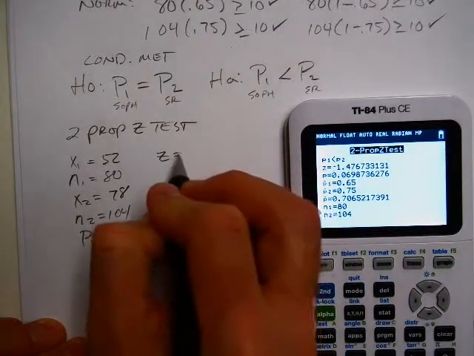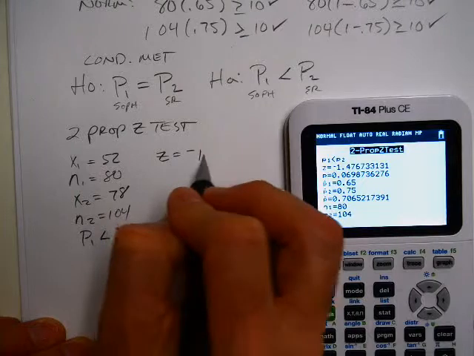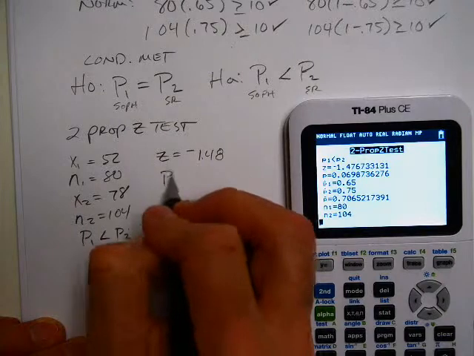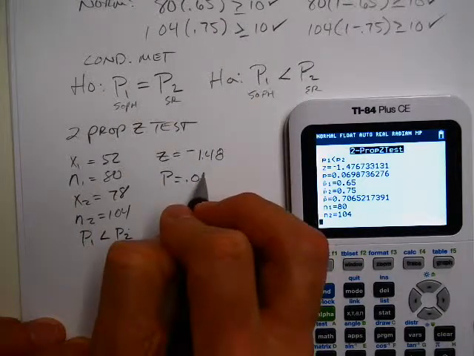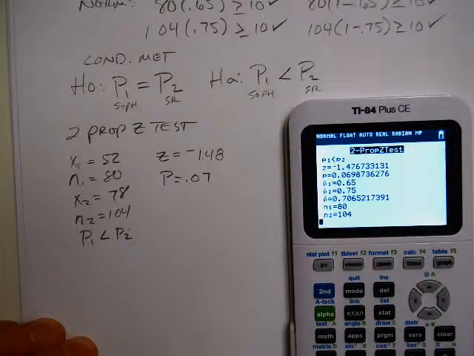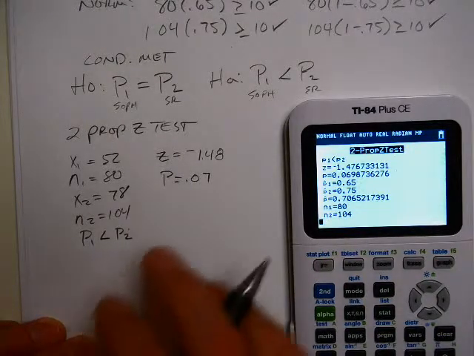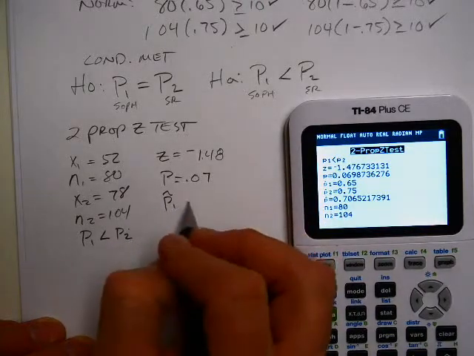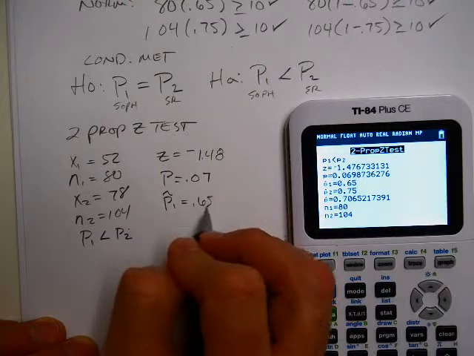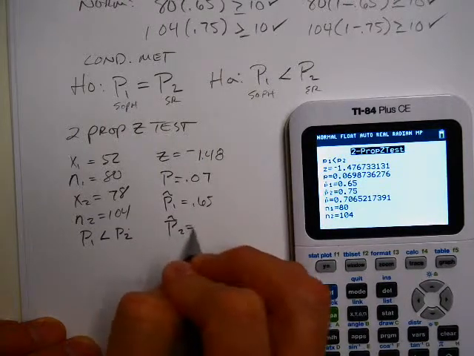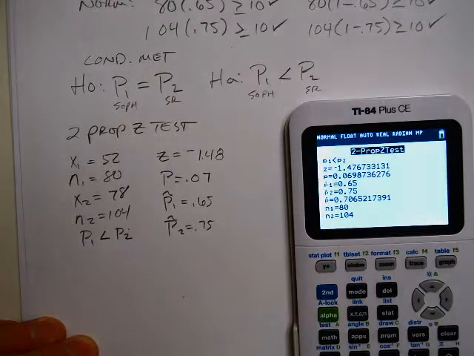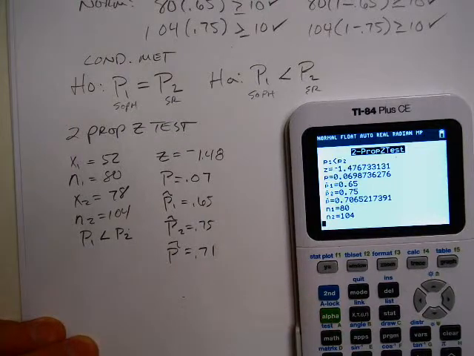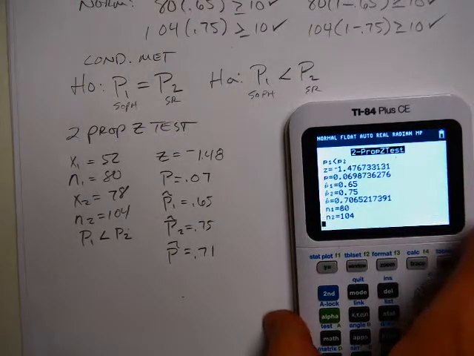We've got Z negative 1.48, P about 0.07, huh? P1, P2, or P hat 1. I haven't written that down yet, at least not recently. P hat. N1 and N2 I have.